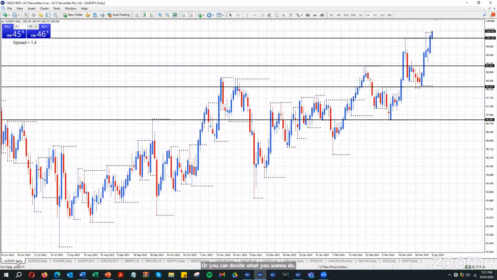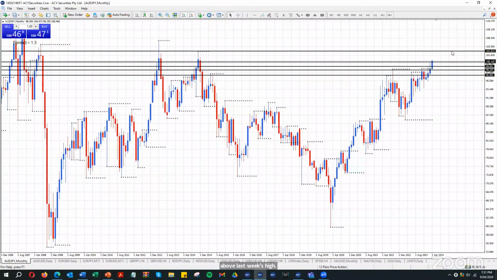All right, Aussie yen. Trying to break above this high today. It's been below it, it's been above it, and at the moment it is above last week's high. On a monthly chart, the next reference level really is up here at 102.82, but we are at very high levels.